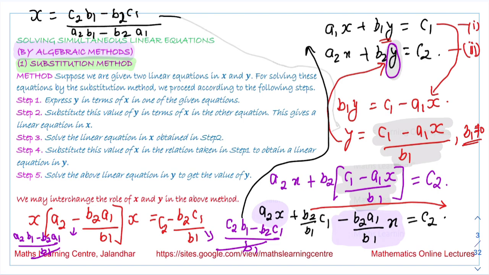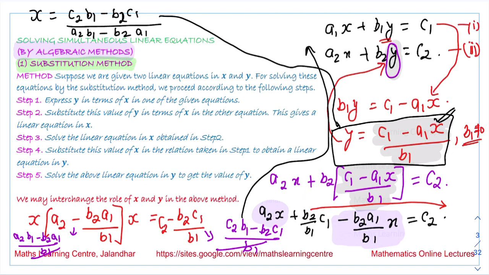Now we can substitute this value of x in place of x in the expression for y, and we get the required value of y. These are the values of x and y that will solve the given system of linear equations.